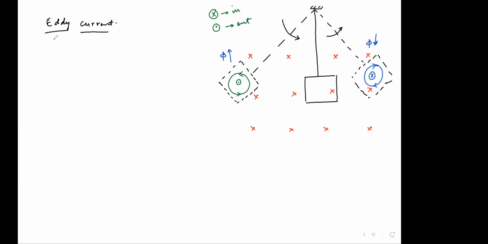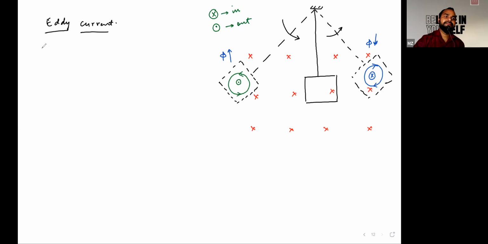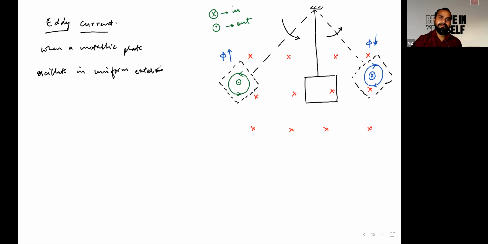So we define this eddy current as: when a metallic plate oscillates in a uniform external magnetic field, a circulating current will get induced.